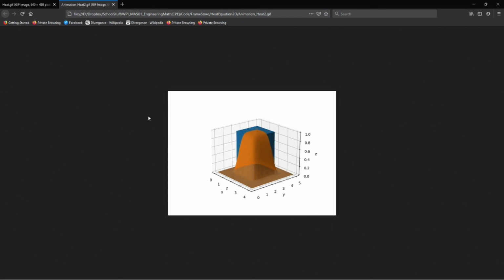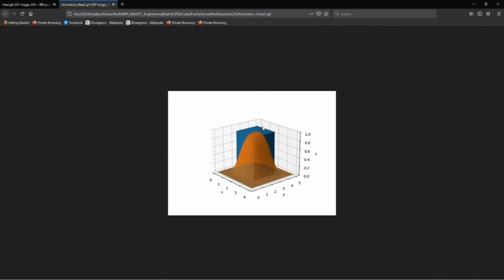This right here is a visualization of the sum of the first 100 terms in that series, and 100 terms in M and 100 terms in N. And sure enough, you see that because this is a discontinuous function, you do have some Gibbs phenomena going on at the discontinuous edges initially, but because of the negative exponential, that gets smoothed out very, very quickly. And you see that this animation right here is very clearly showing the correct solution to this heat equation problem.